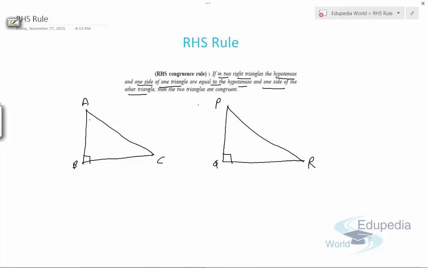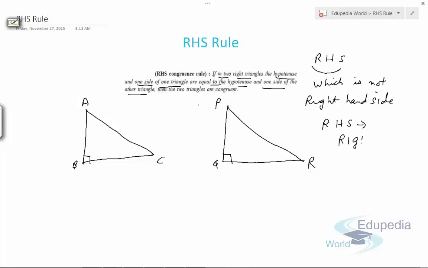So in RHS rule, let me first discuss what RHS rule is. Students generally say this rule as right hand side, which is not right, and actually doesn't mean anything. So RHS rule means one angle should be a right angle.